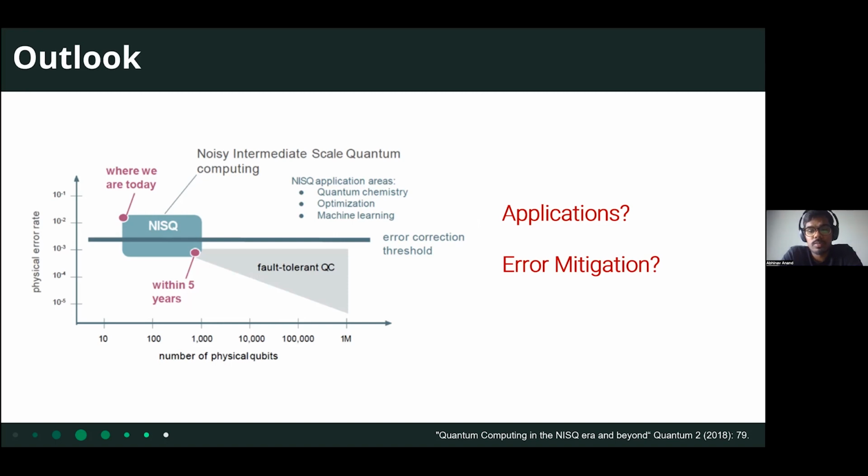Given we will not have the ability to do error correction in the near future, we probably need better error mitigation protocols. And finally, we do need better algorithms that reduce the wasteful use of quantum resources, or reduce the resource requirements for doing these things.